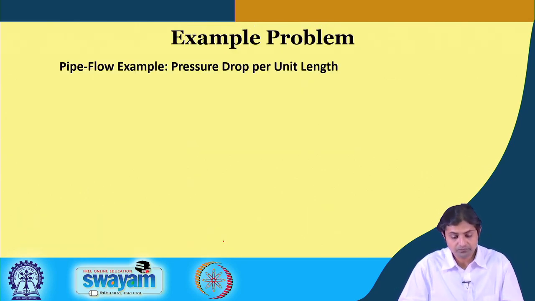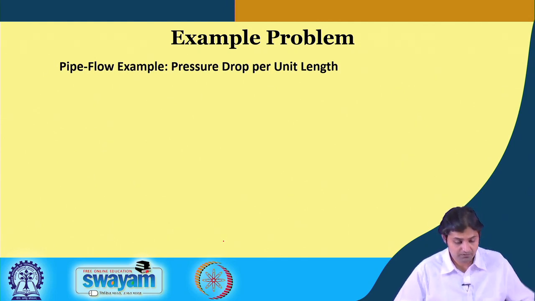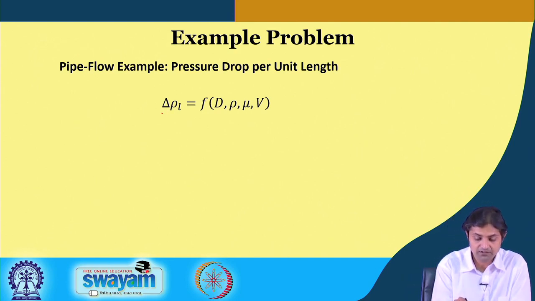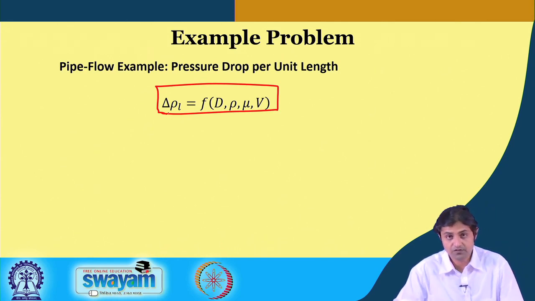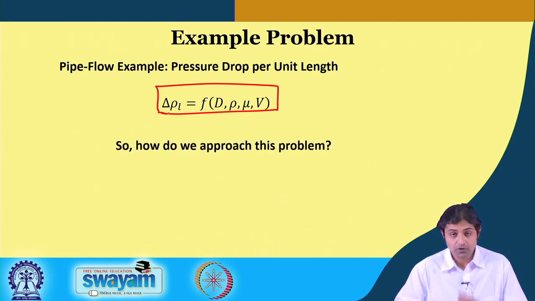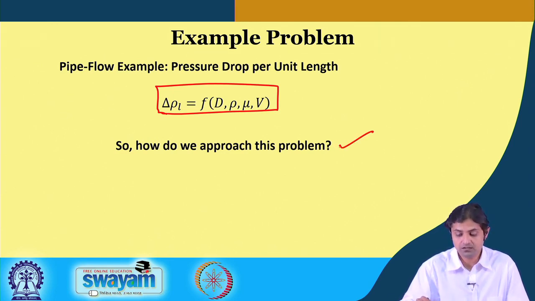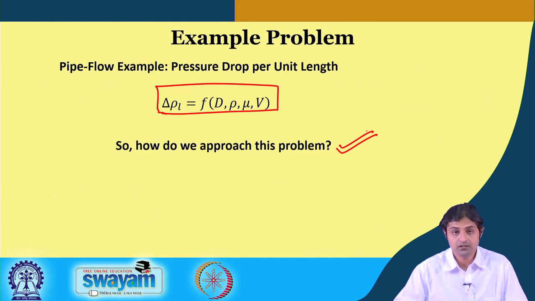So, the example problem, we are continuing with the discussion. I am writing this expression again, that pressure drop per unit length is a function of these 4 variables. So, the question is, how do we approach this problem? That is the key here.